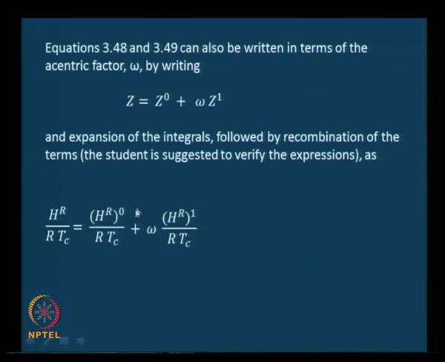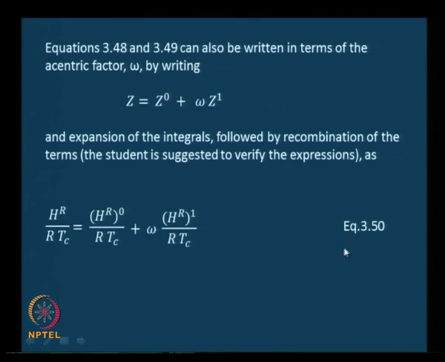I hope you would have already gotten some integral which can be written in terms of HR0. You have an expression for HR by RTC earlier, so a similar expression would have resulted for HR0 and a similar expression for HR1. Therefore, you could combine them both with the eccentric factor when the z was replaced with z0 plus omega times z1. So, hopefully you would have gotten this. If not, you can go back and check and see how to get this.